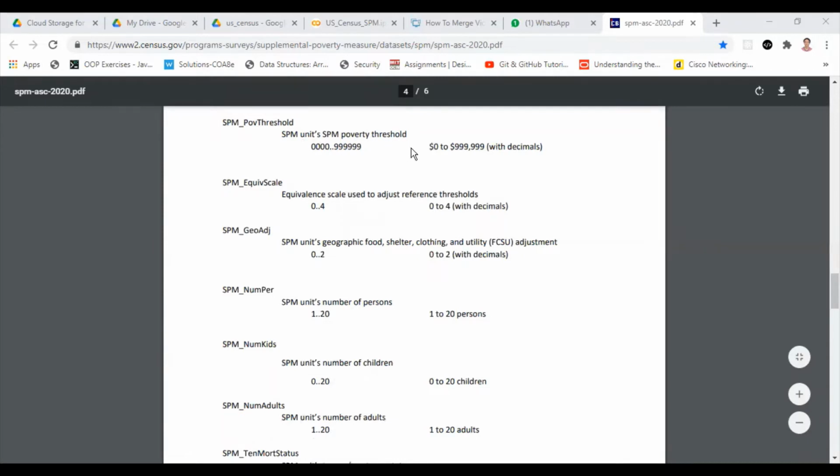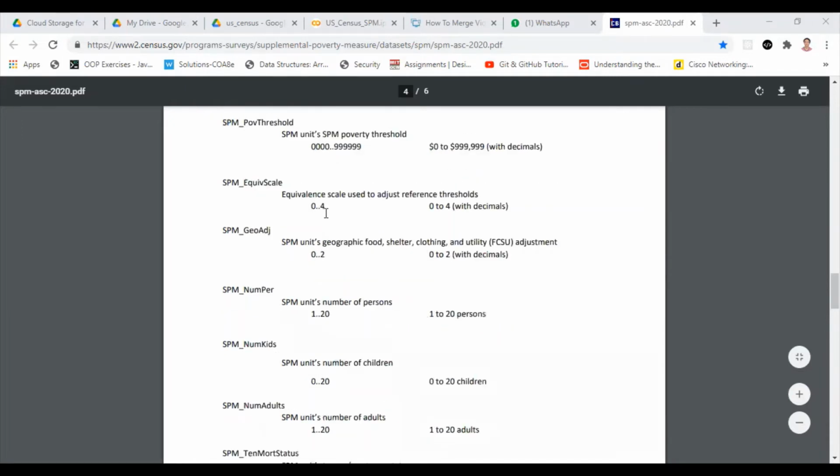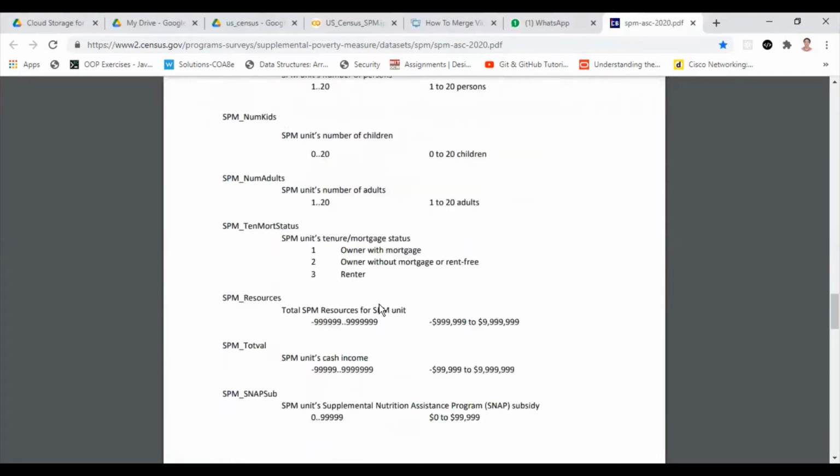If the SPM resources, which is the total SPM resources for the SPM unit, is greater than the SPM poverty threshold, then it means that the person is not poor, which is 0. If it is less than the poverty threshold, it takes up the value 1, which indicates that the SPM unit is poor.